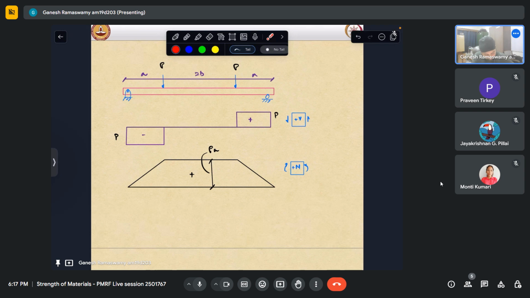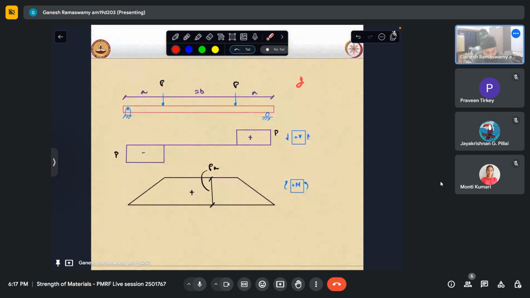However, strictly speaking, the flexure formula is only applicable for the portion where the shear force is zero, where there is only pure bending. Here we can see that it is subjected to a constant bending moment. Whereas as soon as we have some shear, there is a change in the bending moment because of one relation which we also saw in engineering mechanics: dM by dx is V. So once we have a constant shear force, the slope of the bending moment diagram is constant.